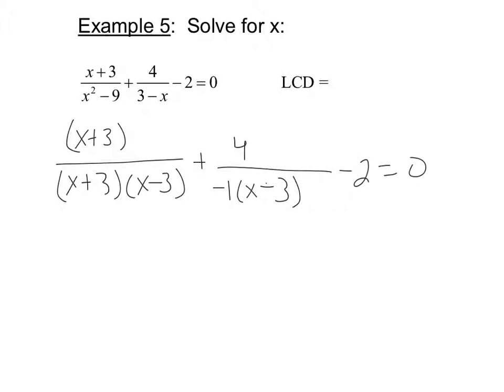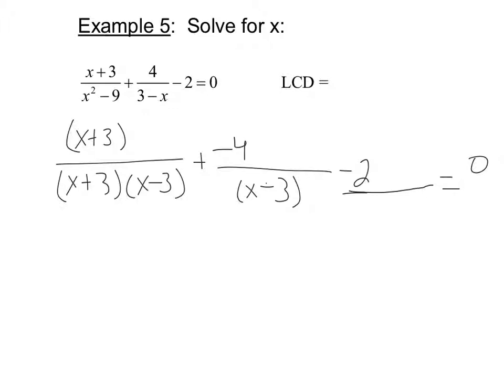Now watch what I'm going to do. 4 divided by negative 1, negative 4. I'm just going to move it up there. Okay, so it doesn't confuse you. But I need to make more room here.